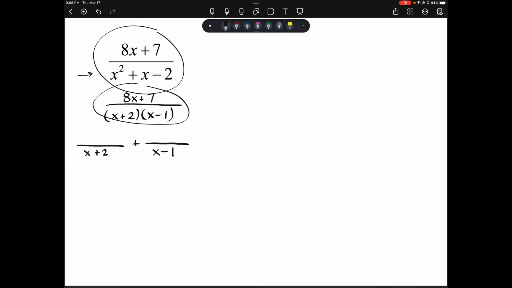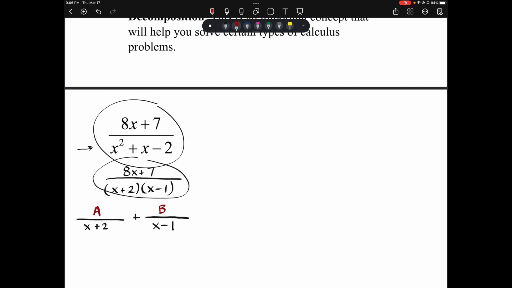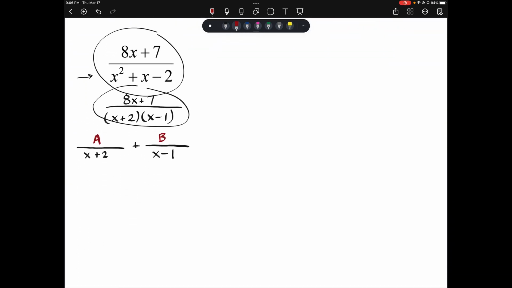We don't know what those are right now, so we're going to call these missing expressions A and B. Now if we treat this like that original problem from the front slide, if I wanted to add them together, we would do the same process. We need a common denominator.